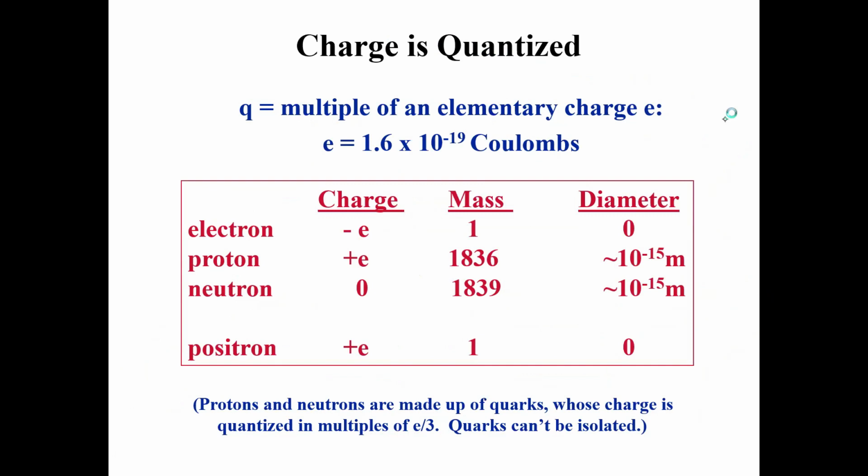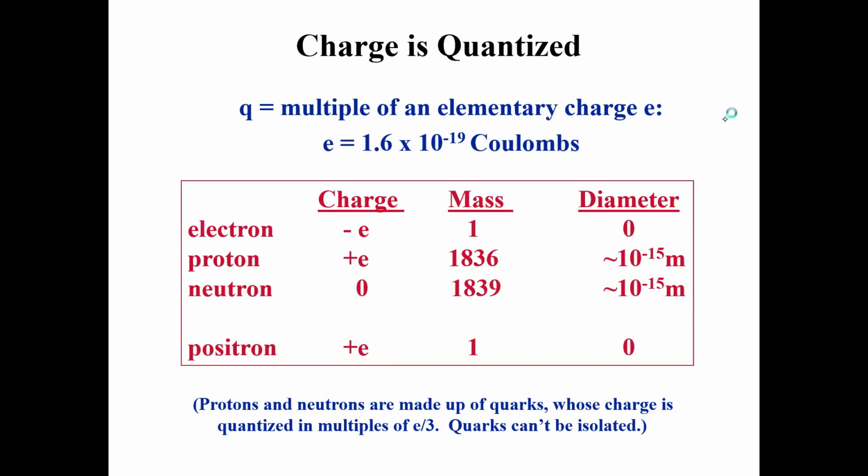And remember, as we said, in an atom we have electrons, protons and neutrons, and we also have positrons. Electron is usually represented as minus e, proton is plus e, neutron is 0, and positron is plus e, and they have their masses.